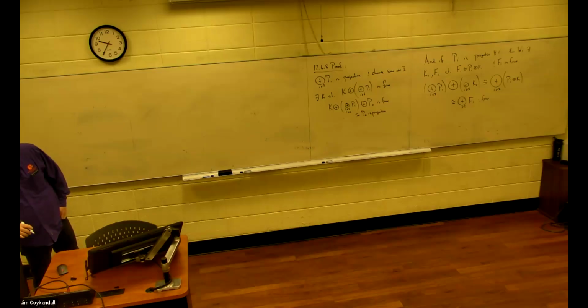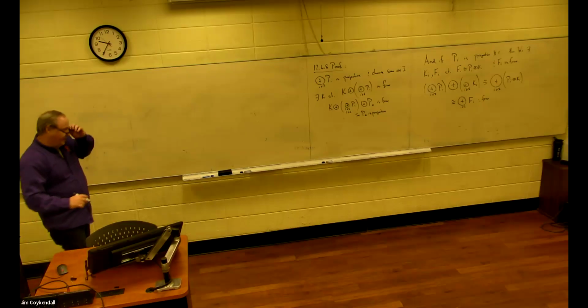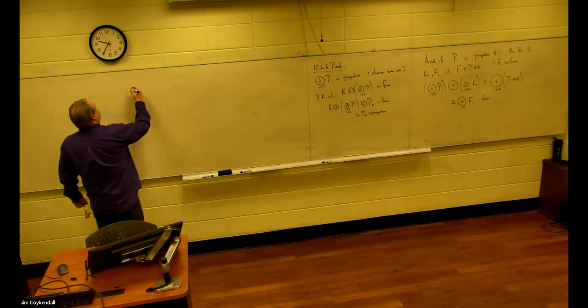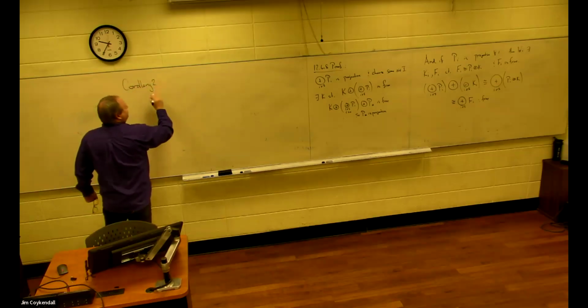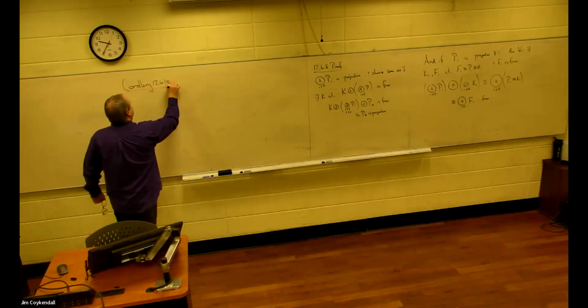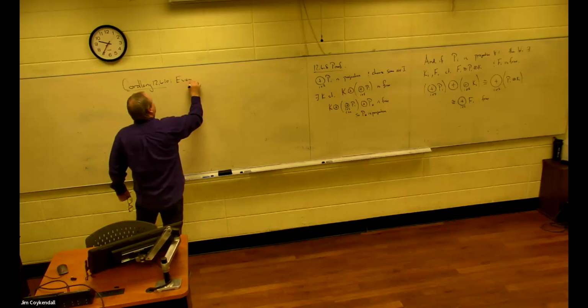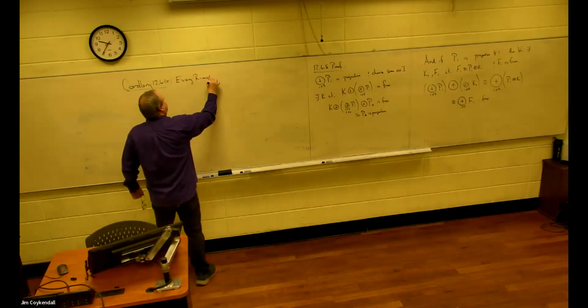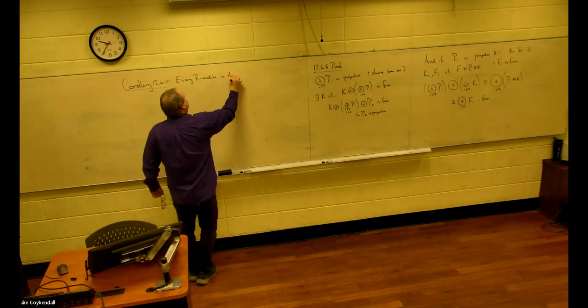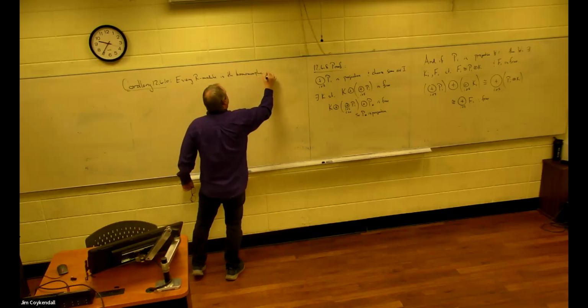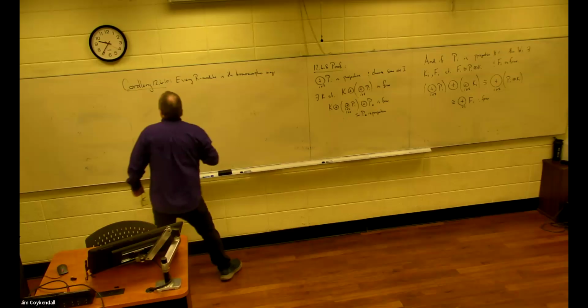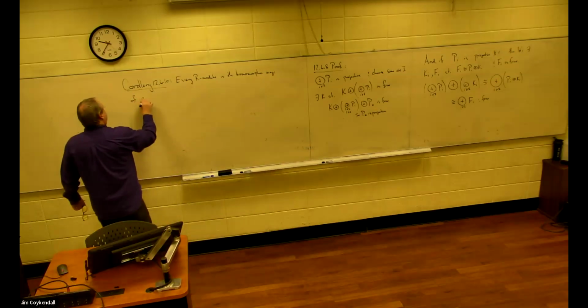So let me give you a corollary. This is more of a corollary to an earlier observation. Corollary to 12.6.10: every R module is the homomorphic image of a projective.